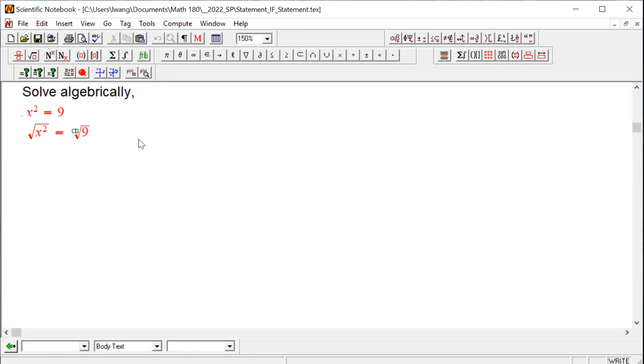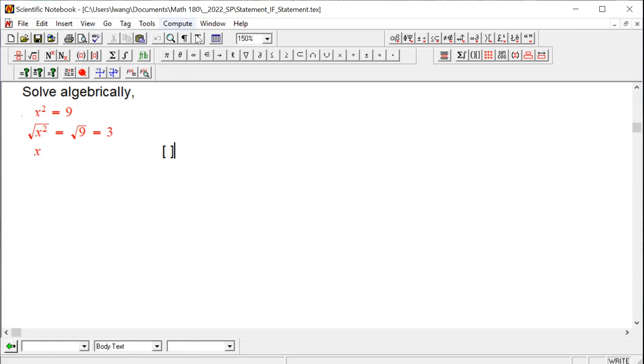And then the left-hand side, what should the left-hand side be equal to? We know the right-hand side, the square root of 9 is 3. What is on the left-hand side? Well, if your answer is x, you are wrong. We talked about this, didn't we?